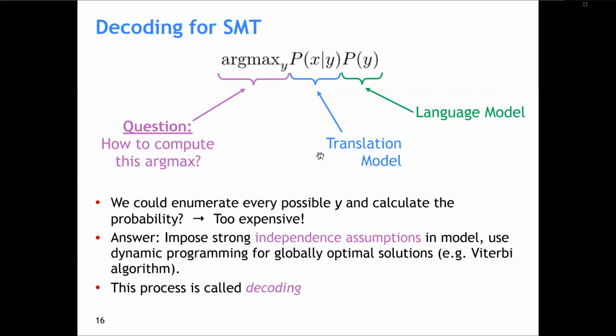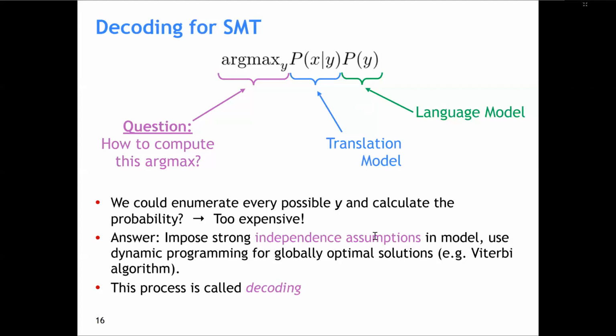So to solve this, people usually impose strong independence assumptions in the model. For example, for the language model, we can assume all the words are independent, and then we can decompose the p(y) further into the language modeling, right? Like the Markov chain, so this probability equals the multiplication of the probabilities of the words, or sequence modeling, right?